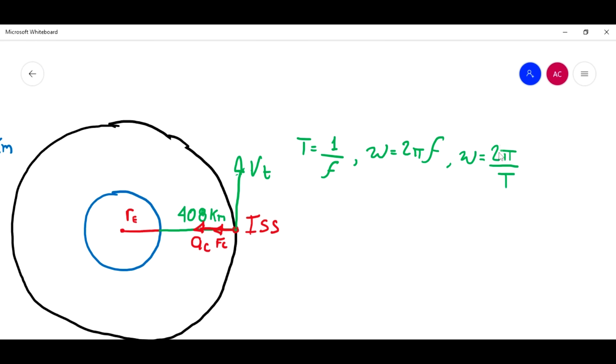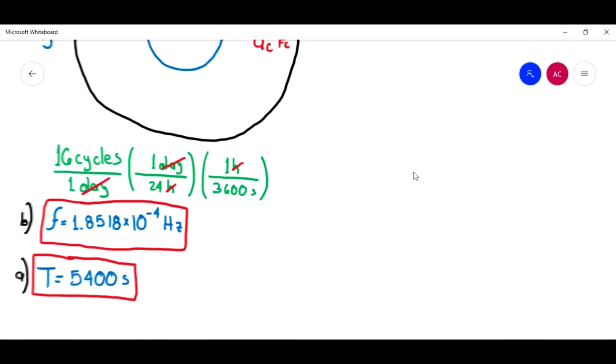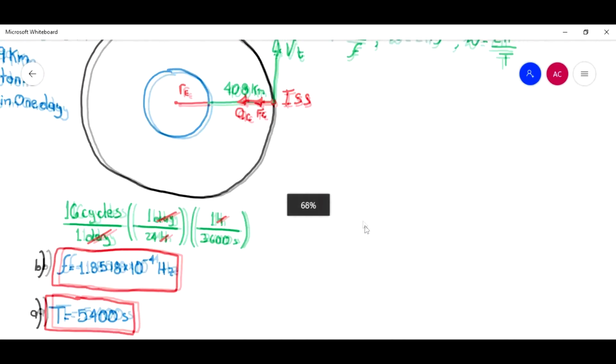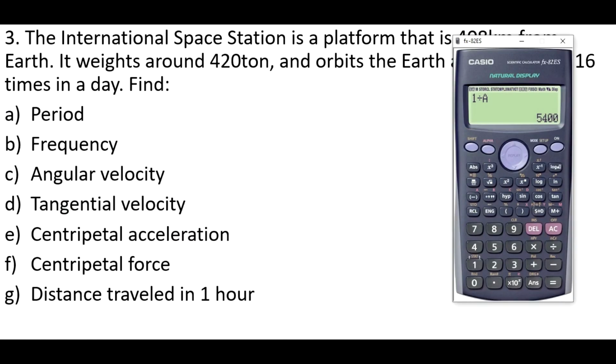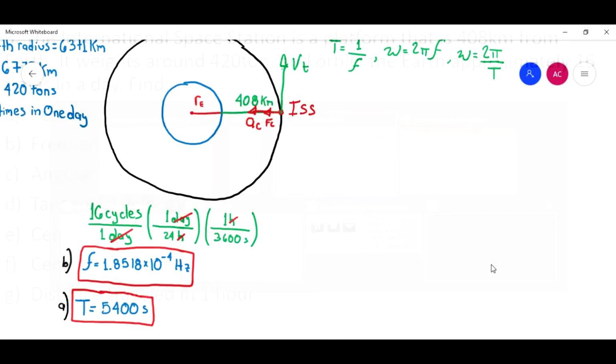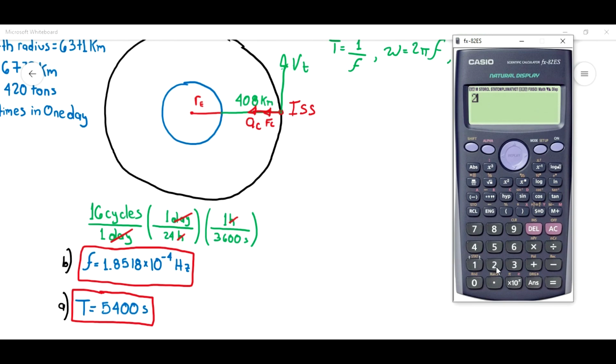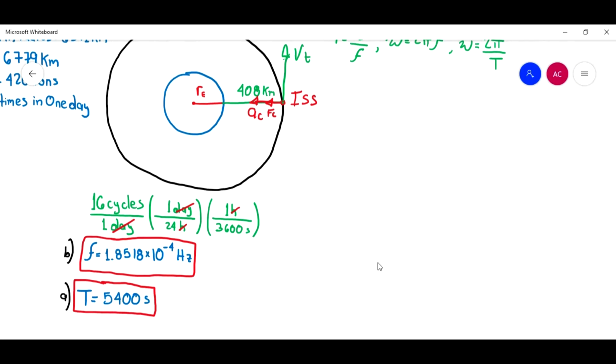I'm going to use this equation because I already have the period. So it's going to be the fraction 2π over 5,400, and that is the angular velocity of the International Space Station.